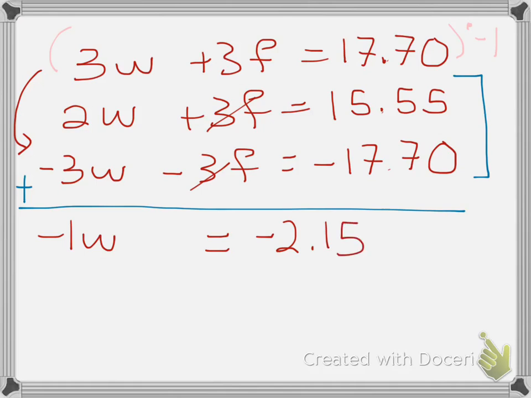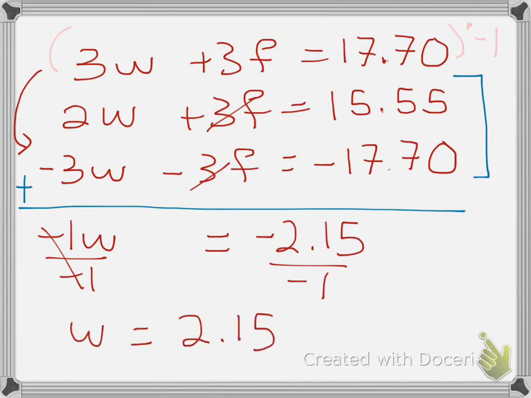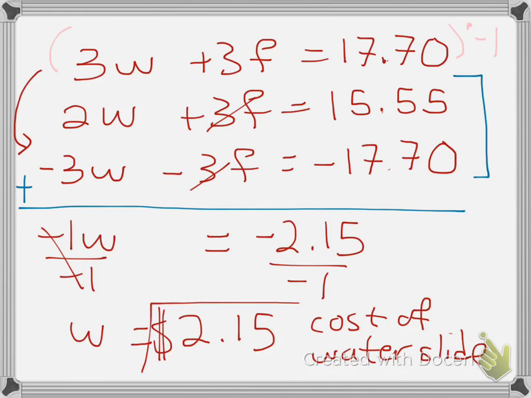And then solve for W, so I'm going to divide both sides by -1, and I will get W equals +2.15. W, we said previously, was the cost of the water slide. Don't forget to give this units. This is in dollars. So that gives me the cost of the water slide right there.